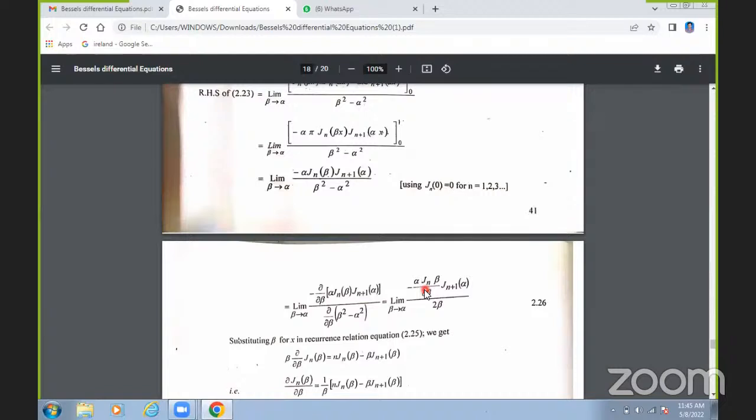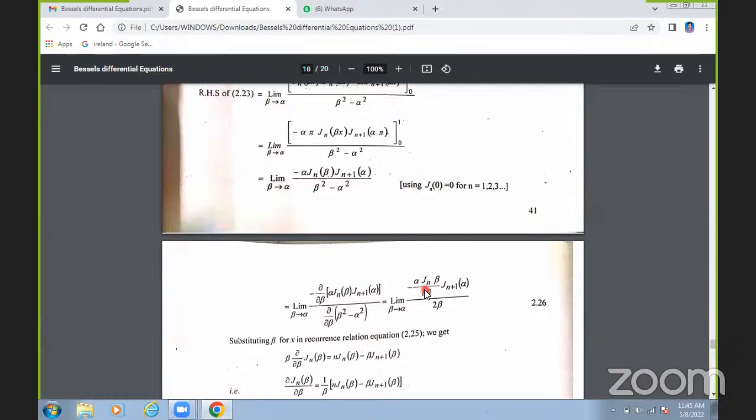They are used in waveguides, as well as rectangular waveguides and circular waveguides. So these functions which we are going to study, like Legendre's or Bessel's differential equations or Hermite's, will be utilized in waveguides, as well as rectangular waveguides and circular waveguides.